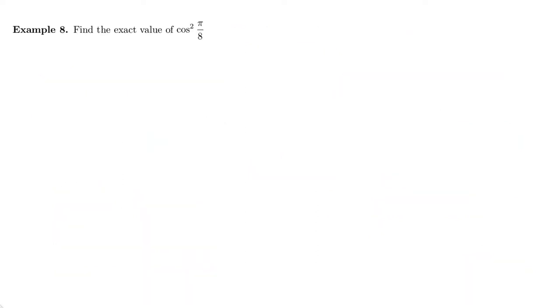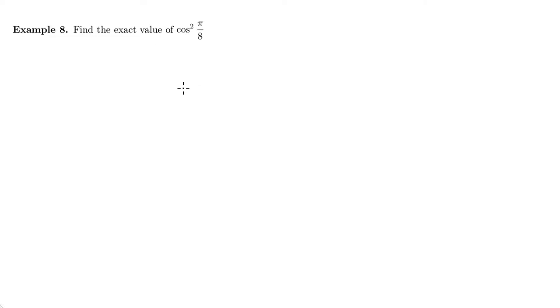So here you're going to see the value of knowing some common values on the unit circle. So those values that came from the 30, 60, 90 and the 45, 45, 90 triangle. Because let's say we want the exact value of cosine squared of pi over 8. Well, pi over 8 isn't on my list of common values from the unit circle.